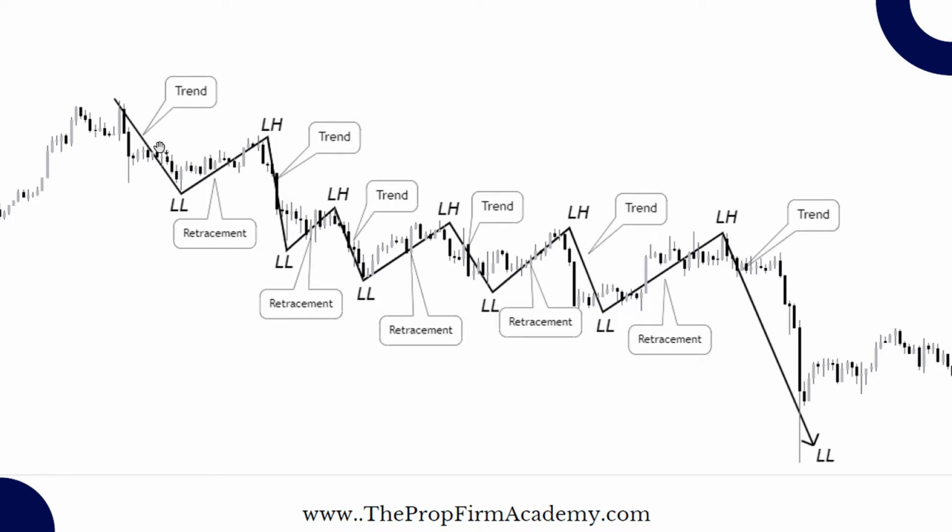You have the candles making lower lows, lower highs. So the markets will not just come straight down like you have it here. After this kind of movement, there also has to be a retracement to create a lower high and then another lower low.